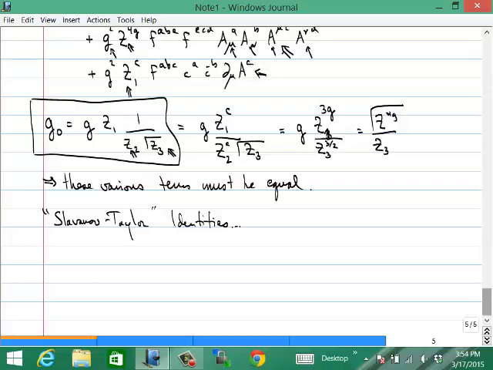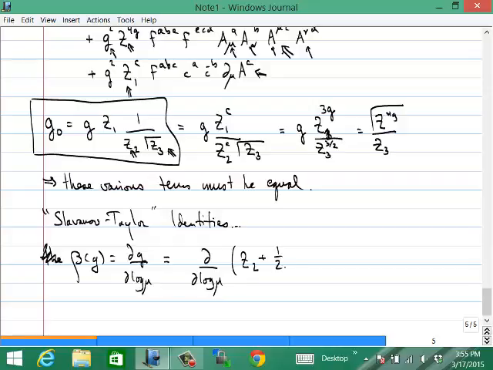So from that boxed equation, we have the beta function, which is the derivative of the coupling with respect to the renormalization group scale. So what is that? That's d by d log mu of Z2 plus 1/2 Z3 minus Z1. Just taking the logarithmic derivative of that boxed equation.